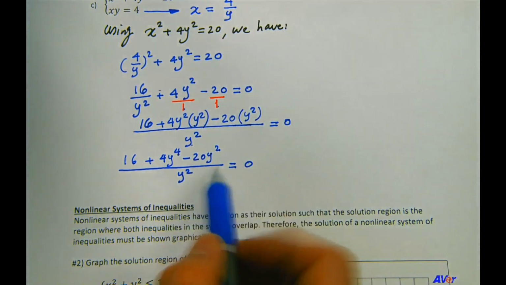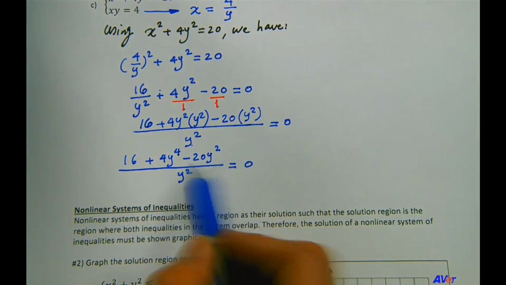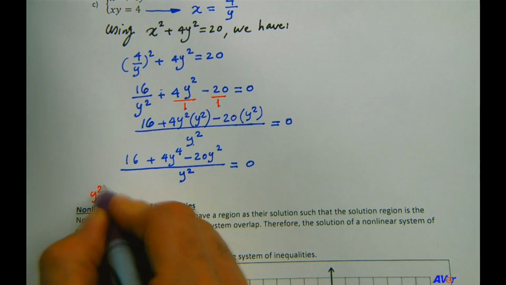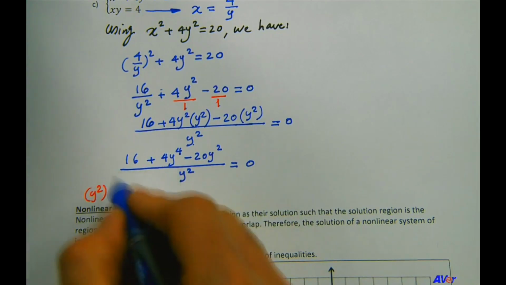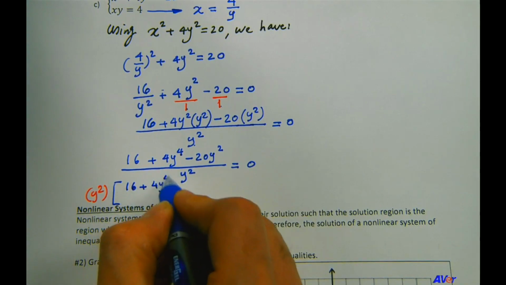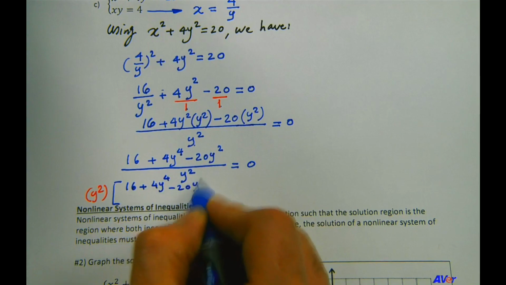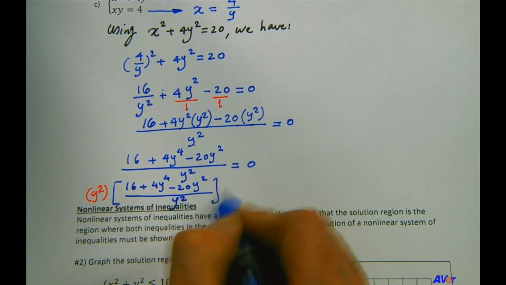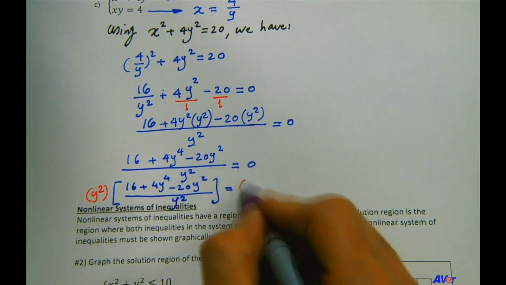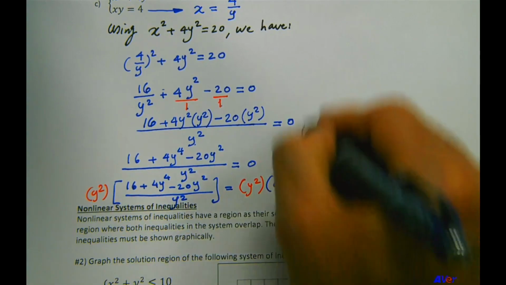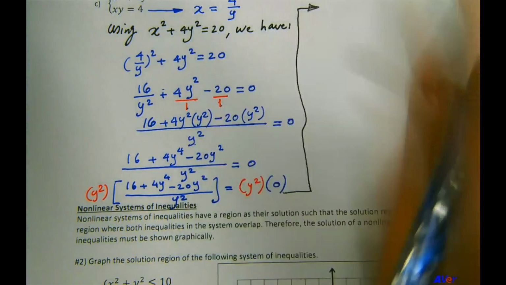So now, let's get rid of this denominator by multiplying both sides by y squared. So y squared times 16 plus 4y to the 4th minus 20y squared over y squared equals y squared times 0. Let me move up here to continue with this solution.